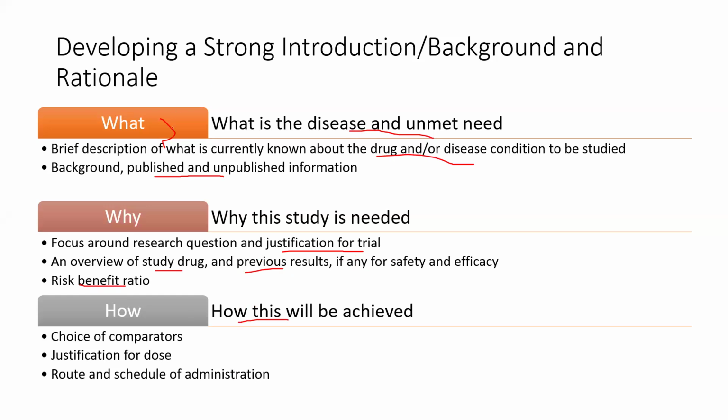You have told them what you are doing and why you are doing it. Now, how? You have to choose your comparator. Are you comparing with placebo, or with existing treatment? If yes, why? There should also be a justification for the dose, and what route, how you are administering that particular drug, that you have to explain.